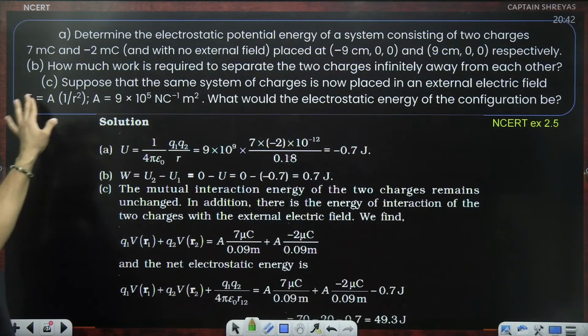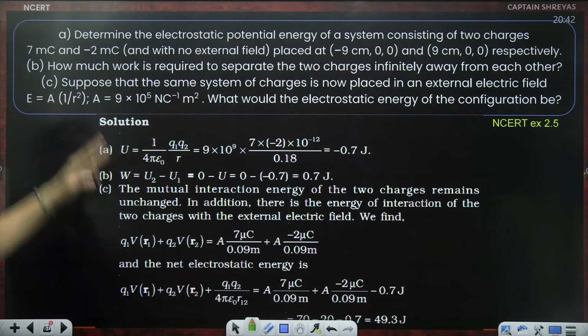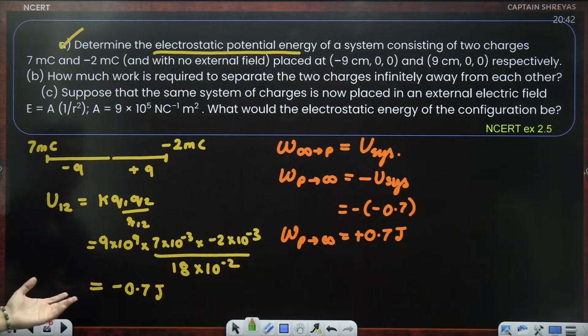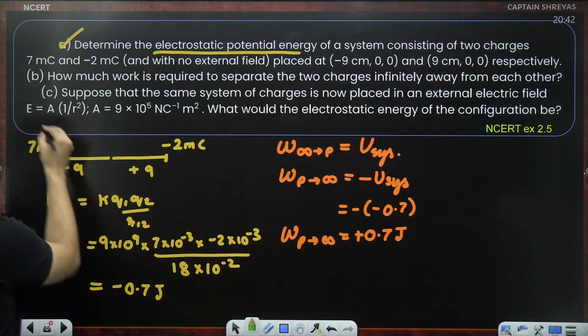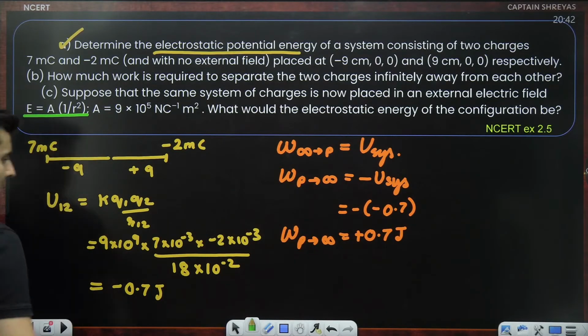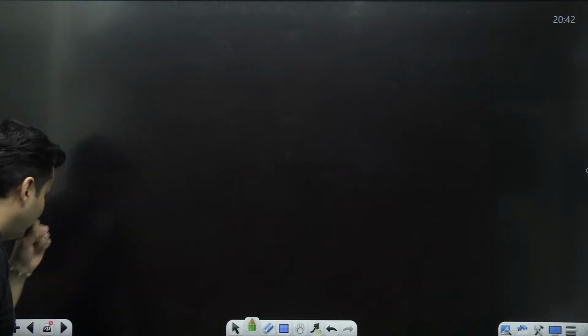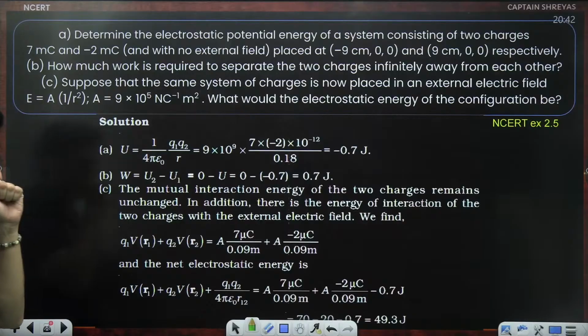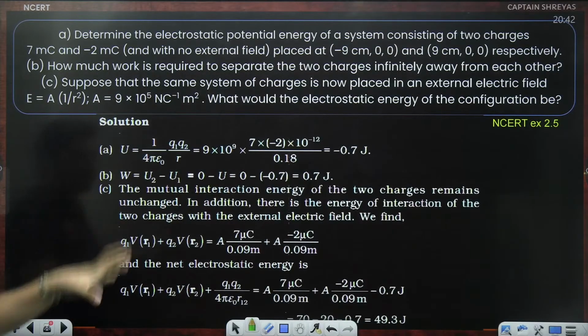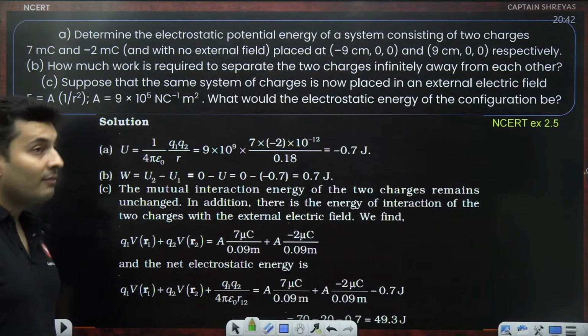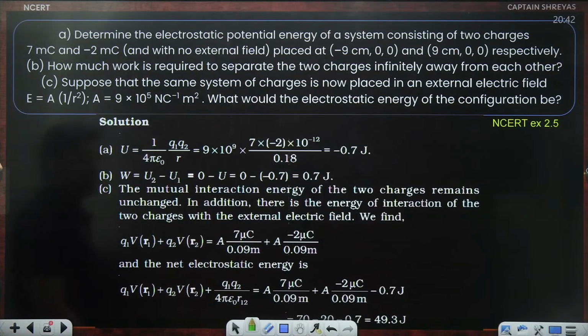So if the external field is A into 1 by r square, what will the potential energy be? First of all, because E is this, we can find the voltage.